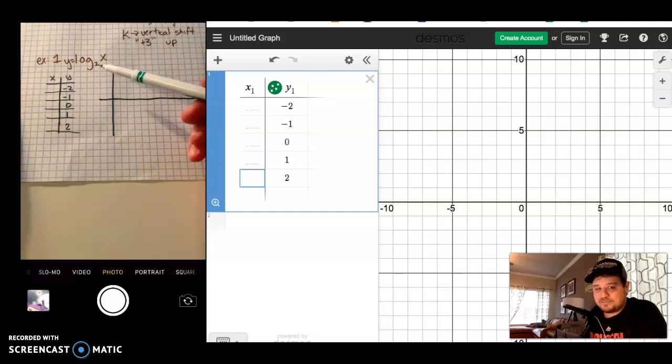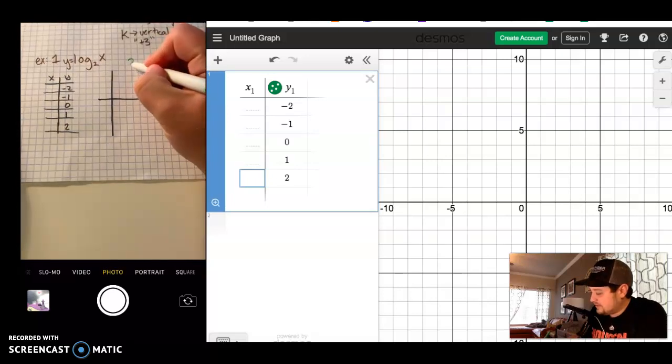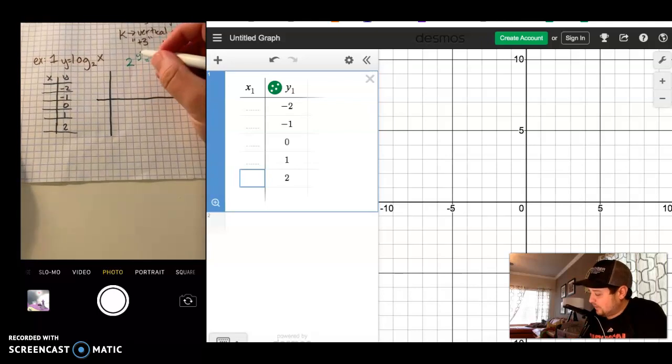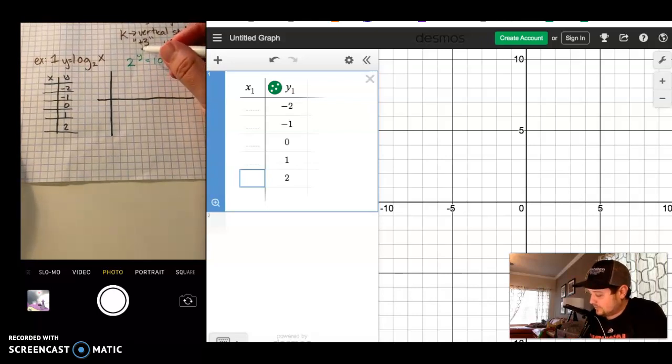So like if I were to pick the number 10 for x, well, 10 is not really a number that can result from having a base of 2, right? There's no number that if I say, okay, 2 to some power equals 10, right? Well, 2 squared is 4, and 2 to the third is 8, and then 2 to the fourth is 16.